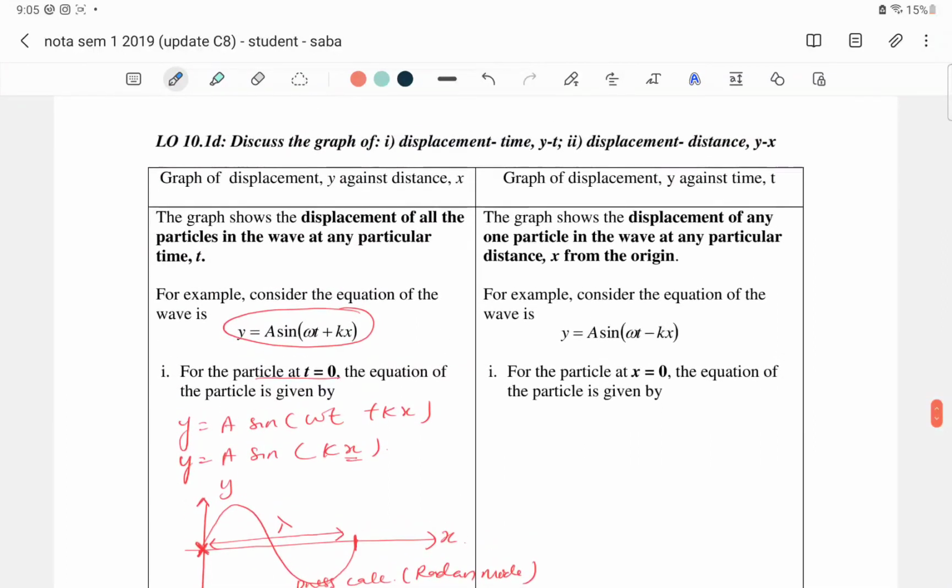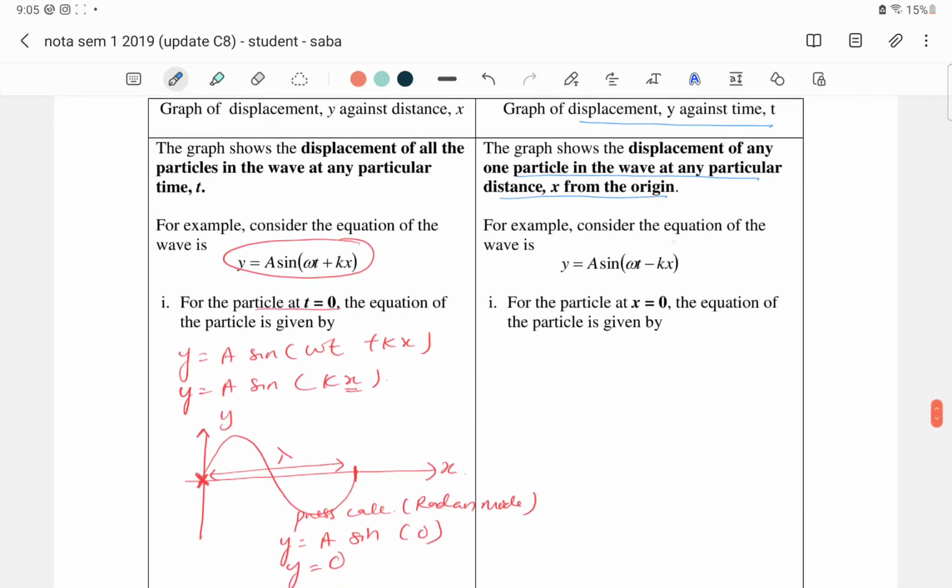Kita nak sketch graph of y versus t. Okay, the graph shows the displacement of any one particle in the wave at any particular distance from the origin. Okay, so here is the formula.